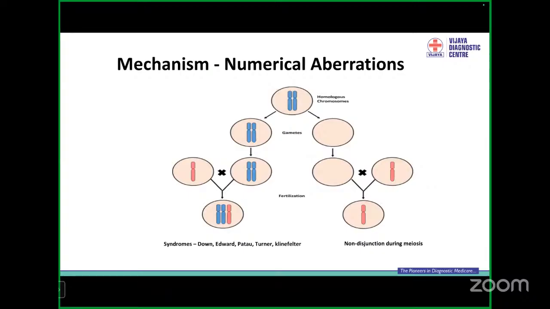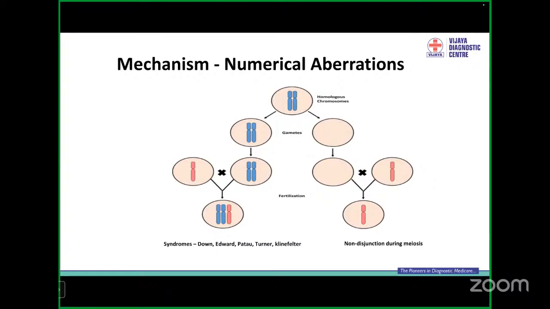Now, coming to the numerical abnormality, there are two types of chromosome abnormalities. One is numerical and the other one is structural. Numerical abnormalities mean a gain or loss of one entire chromosome, which is commonly seen. We have discussed common factors like Klinefelter and Turner syndromes causing infertility.